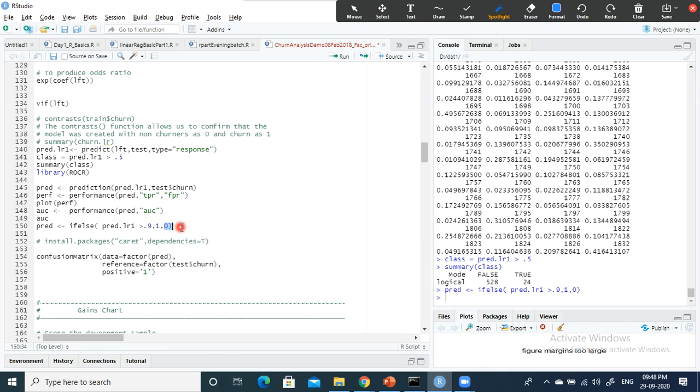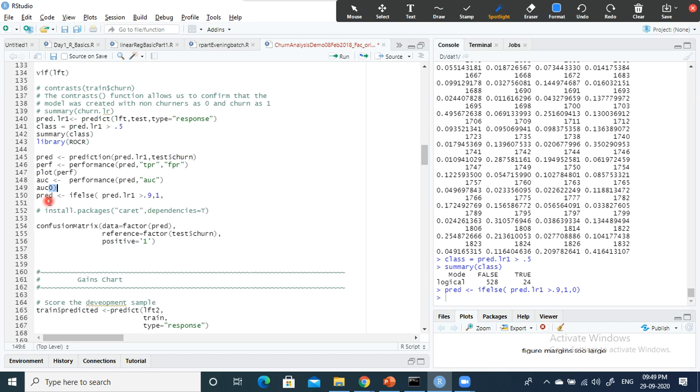Rest of them I consider non-churners. Full stop. Next, I am going to pass this value as an argument to a function called confusion matrix. This confusion matrix function is available as part of the caret package. And positive equal to 1, because we are interested in churners. 1 is churner, 0 is non-churner.